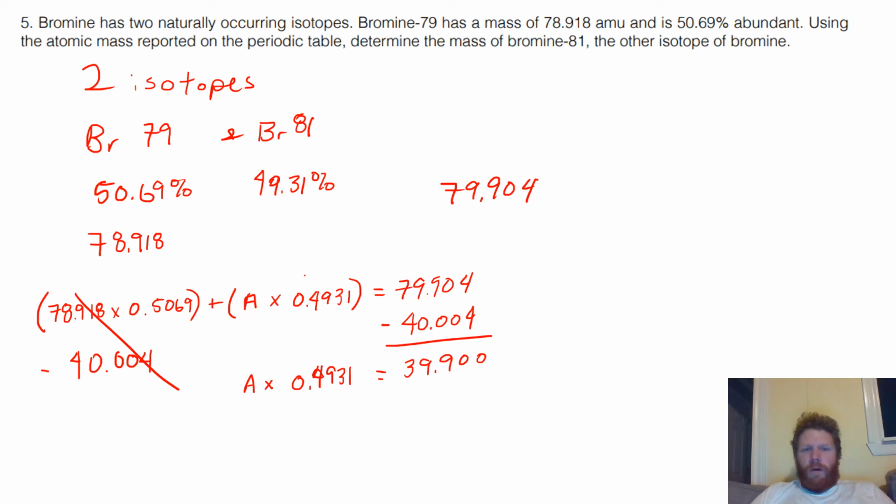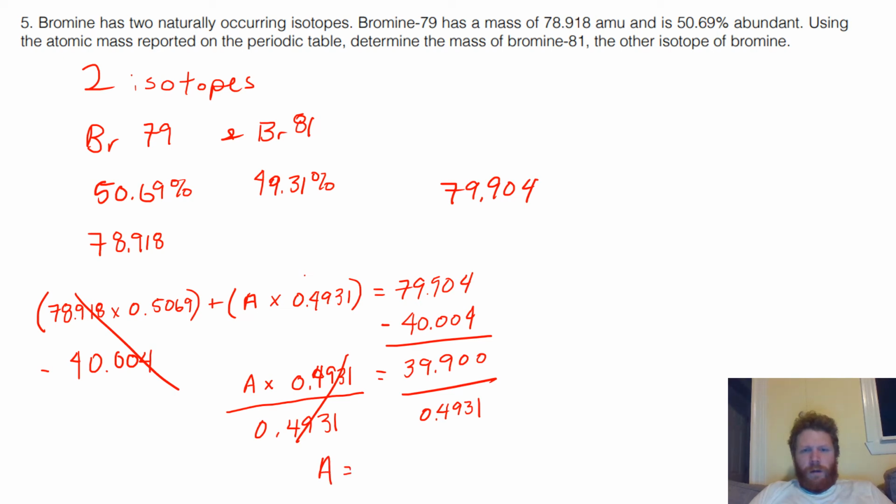Now, if we want to figure out what A is, all that we need to do is divide each side by 0.4931. It's going to cancel over here, but if you take 39.900 divided by 0.4931, you're left with what A is.